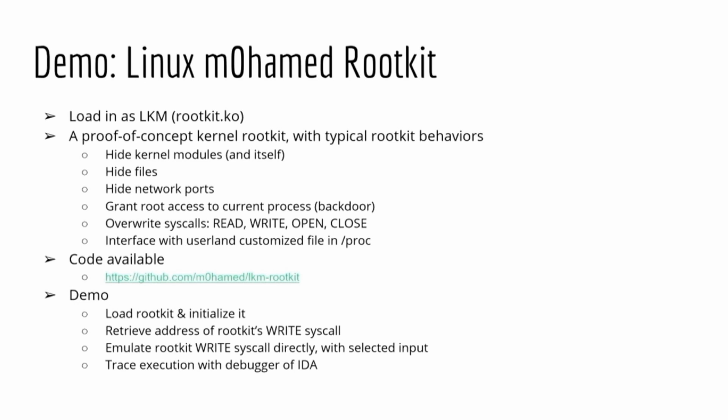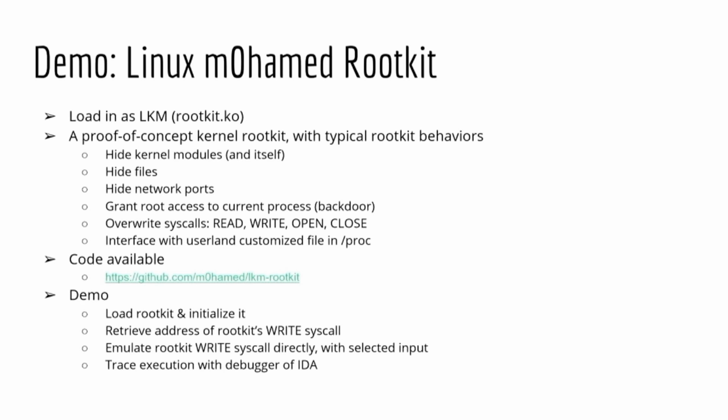So in this demo, we try to emulate this kernel rootkit. To do that, Demigod will load the rootkit into memory, initialize it, and we try to extract the new system call made by the rootkit for the write system call.